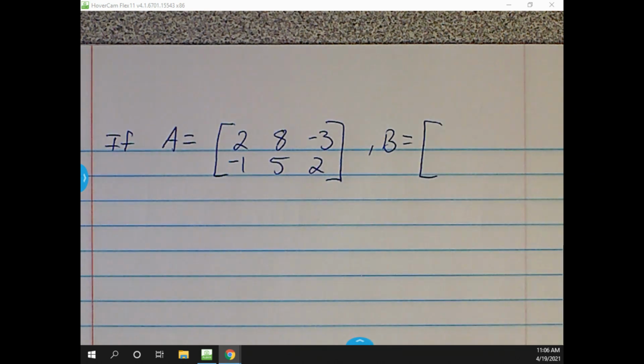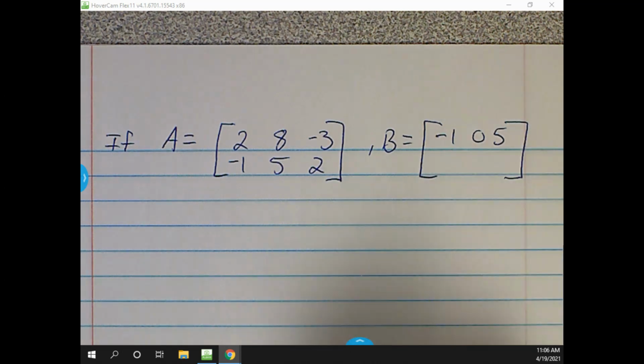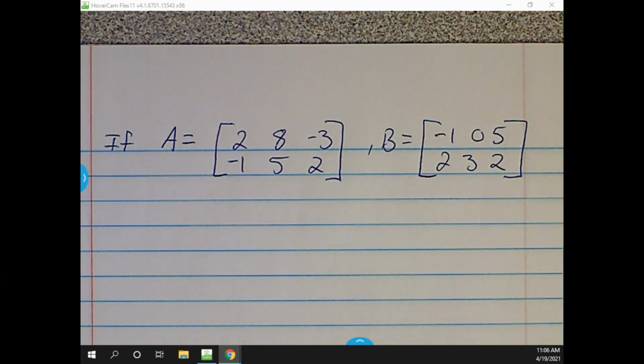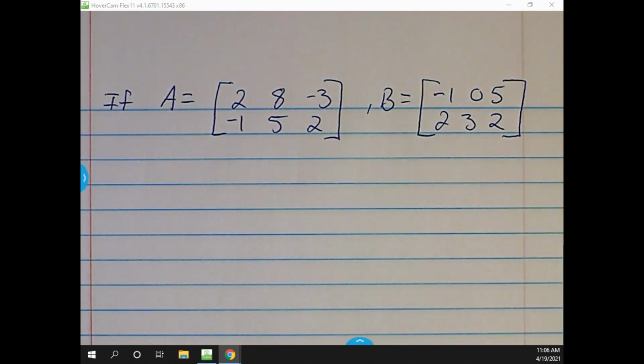And then for matrix B, let's go negative 1, 0, 5, and 2, 3, 2. Now here's where they could go all over the place. They could do all kinds of different things on this one.